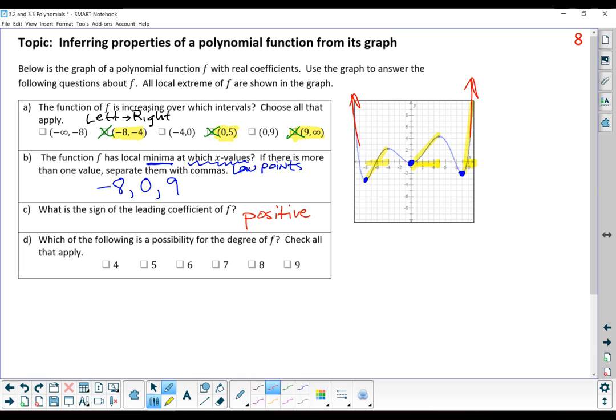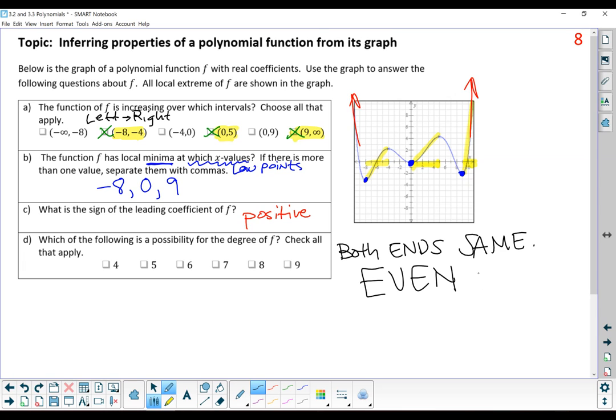Okay, and then the last one asks for the possible degree of the function. For possible degree of the function, you want to think about the intercepts or the wiggles, or how many changes are happening. Now, both ends are the same, so we know that this is an even degree polynomial.